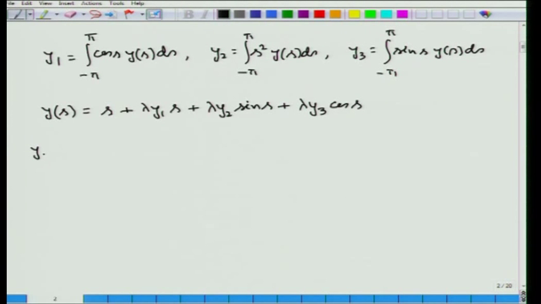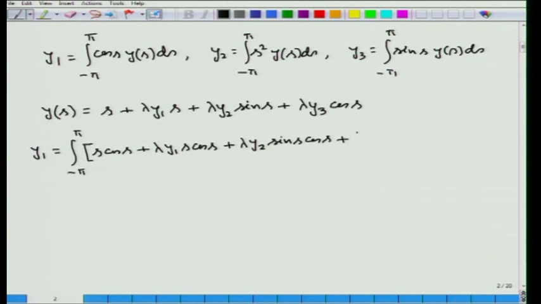So, from the definition for y 1, we can write y 1 equal to the integral from minus pi to plus pi of s cosine s plus lambda y 1 s cosine s plus lambda y 2 sin s cosine s plus lambda y 3 cosine square s ds.